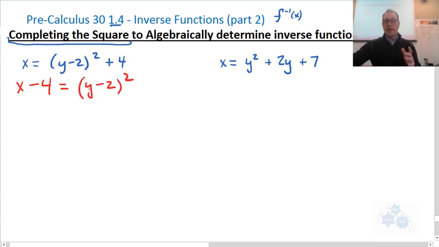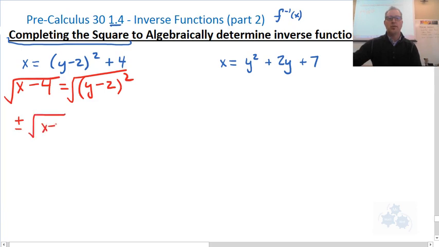We're going to isolate y, and when we get to this point, we're going to have to take the square root of both sides. So that's going to be plus or minus square root of x minus 4 on this side. And then that's just going to be a y minus 2. And then finally, we add 2 to both sides.